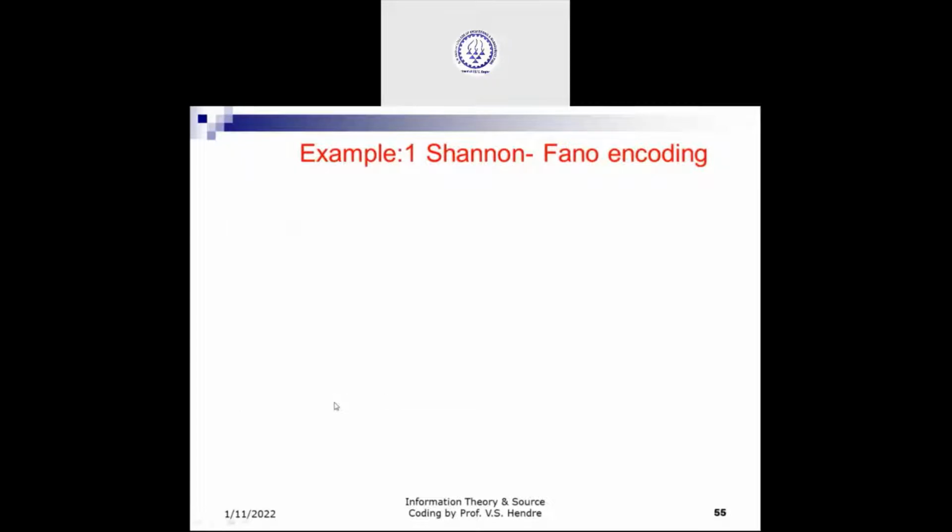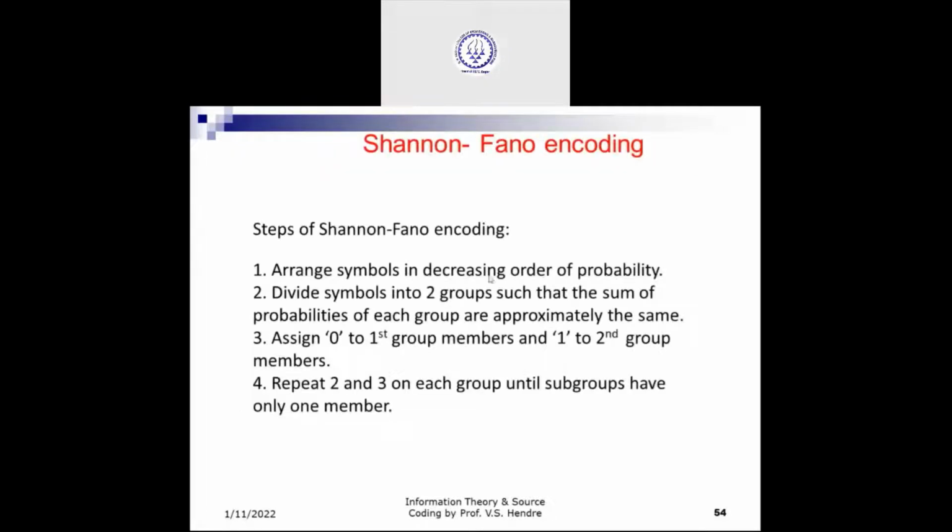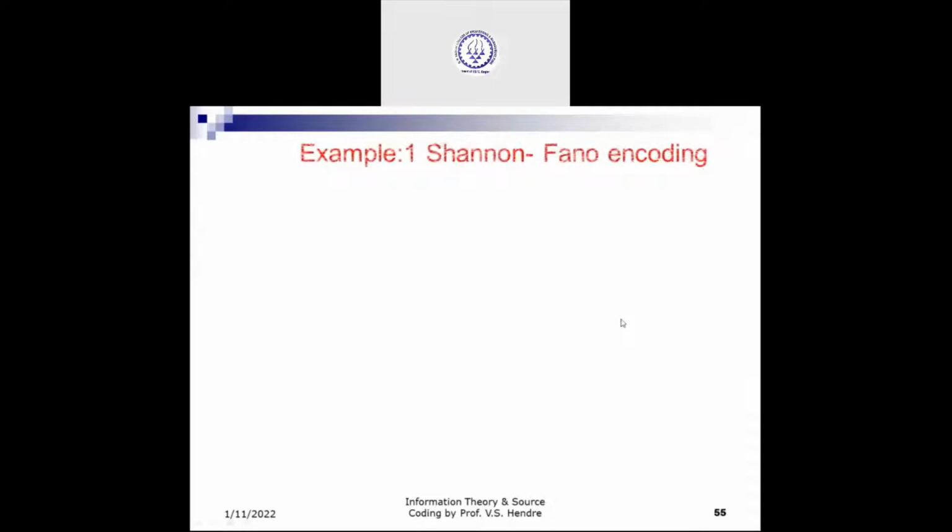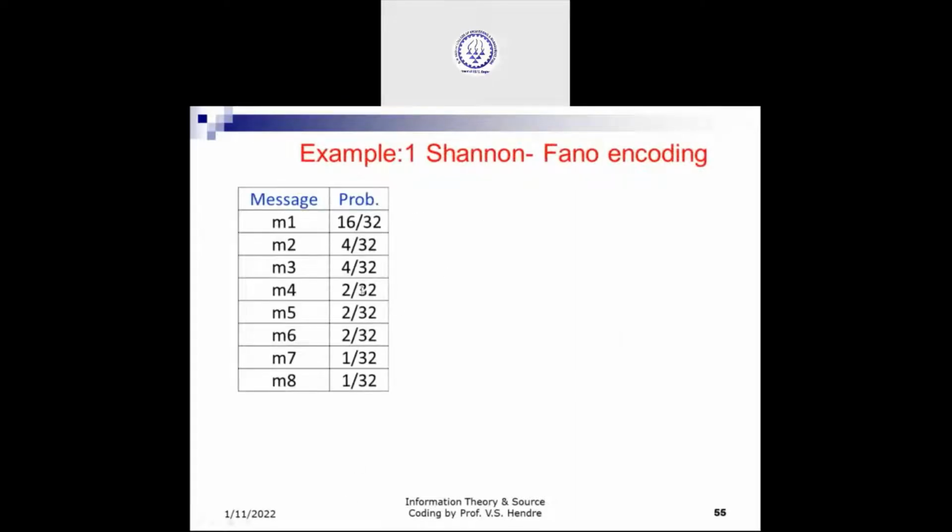Now, what is step number 2? Divide the symbols into two groups such that the sum of probability of each group is approximately the same. Now I have to divide this into two groups, upper group and lower group. The first probability is 16 by 32.